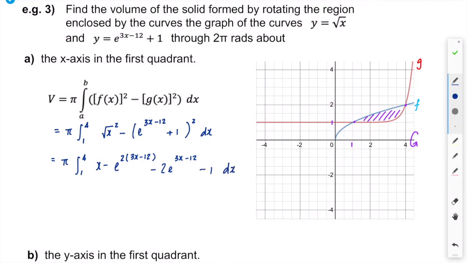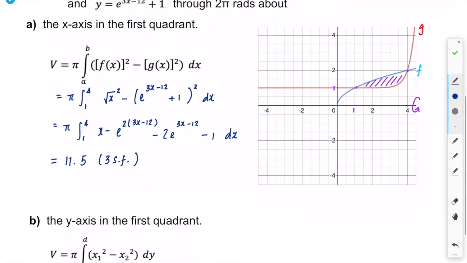I just use a graphing calculator because it will help you to evaluate your definite integral. Don't forget to multiply pi at the end. You should get roughly 11.5 if you round to 3 significant figures.